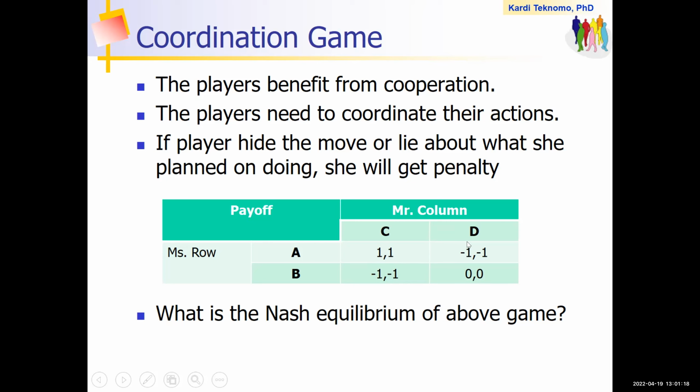But if they don't coordinate, so that means Mr. Row plays B and Mr. Column plays D, both will get 0. Otherwise, it's even worse. If they coordinate in AC or BD, they get 1, 1 or 0, 0. But if they don't, they get even worse: -1 and -1.